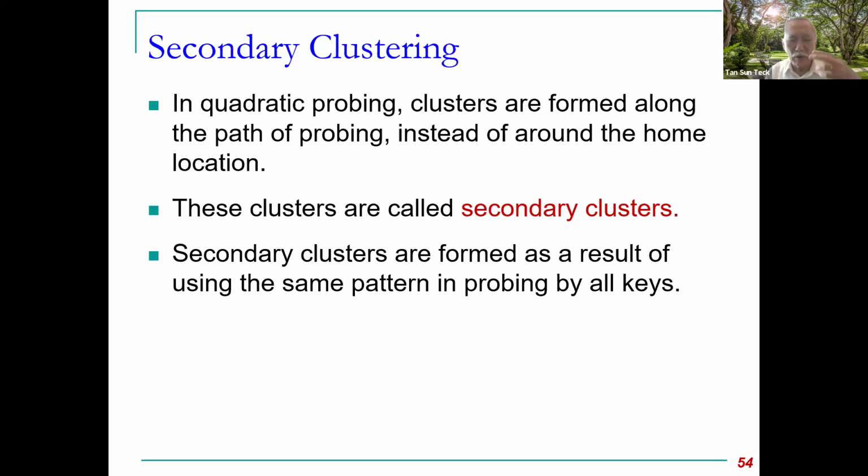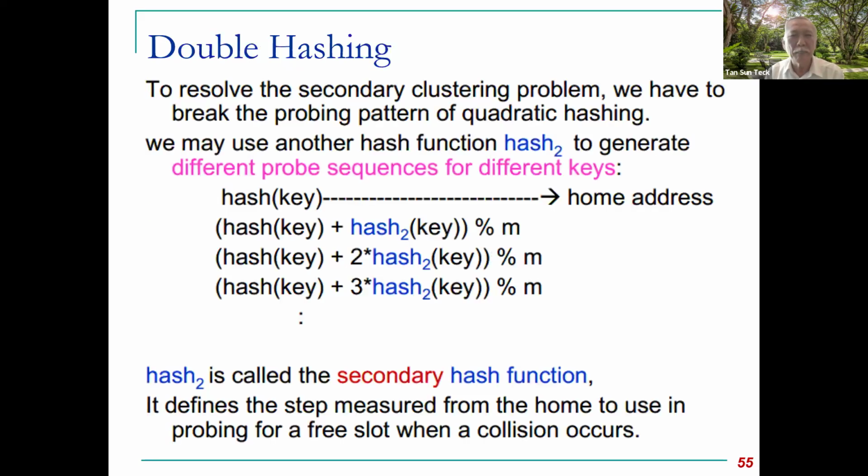Similarly, for quadratic probing, you are going to probe in this sequence: plus 1, plus 4, plus 9, plus 16, and so on. So again, this is going to form a cluster, that means a list that you have to probe before you can find the value that you want. This is called secondary clustering, and it is formed because of the same pattern that we have all the time for all the keys.